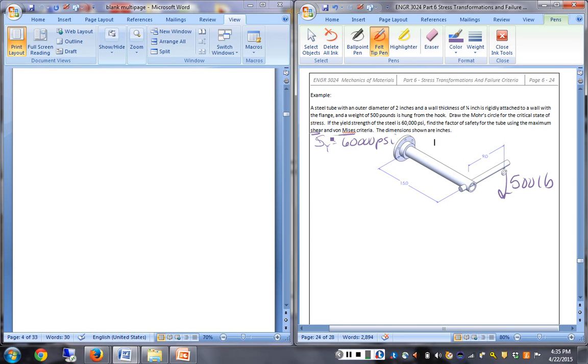Do we know that yet, or do we need to think about that? We might need to think about that a little bit. If you've got bending, where does your max normal stress happen? It's a symmetric cross section. So normal stress, because of bending, where is the maximum? Top and bottom. One's tension, one's compression.